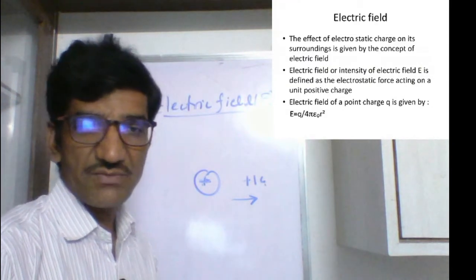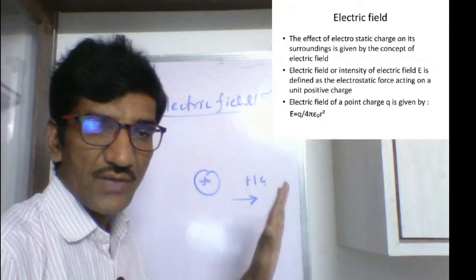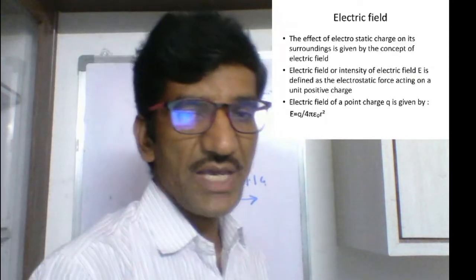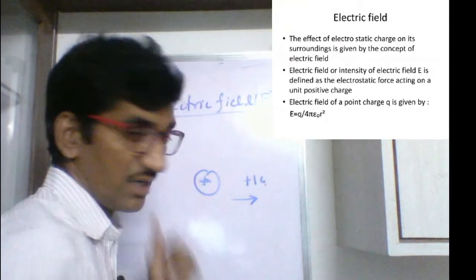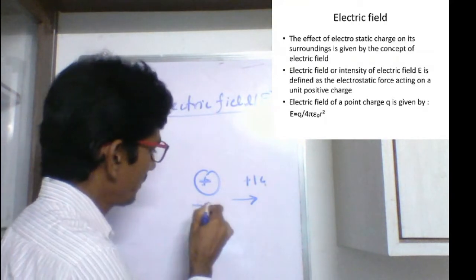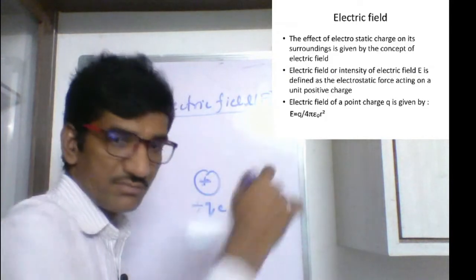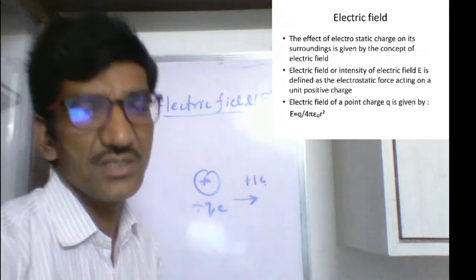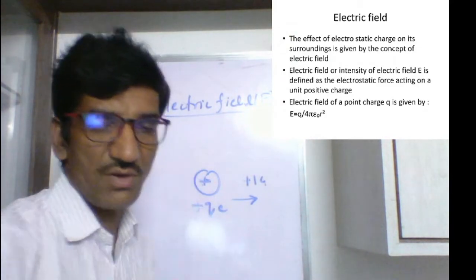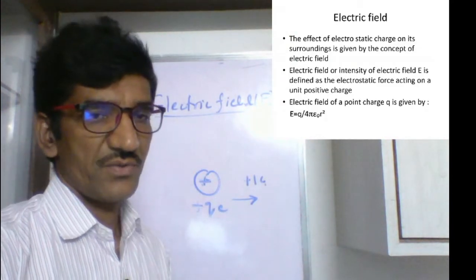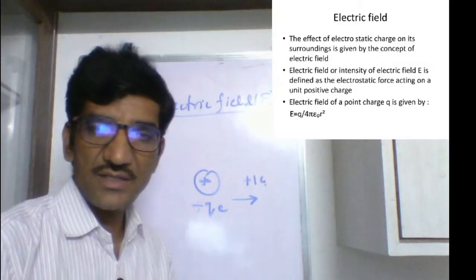Why is the test charge moving away? Because in the place where we have placed the test charge, there is some influence of the external charge, that may be plus Q coulombs. So this area in which we place the test charge is called the field of this Q coulombs of electric charge.